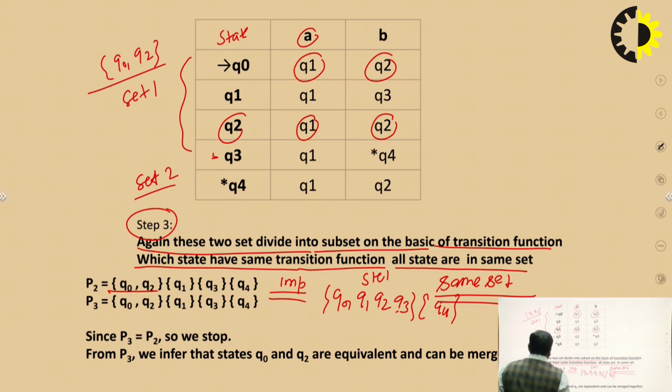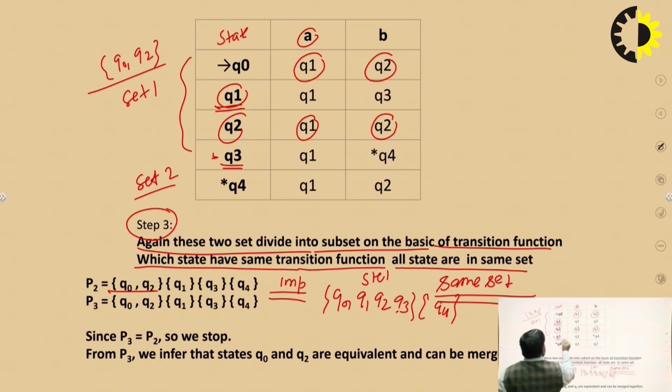Now first we check the transition function of Q1. Q1 on A moves to Q1 and Q1 on B moves to Q3. Now for Q3, we underline this one and this one.